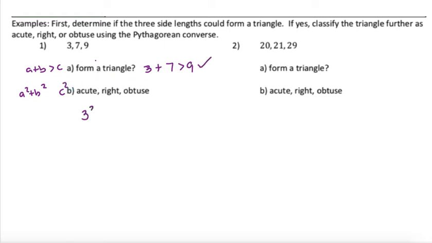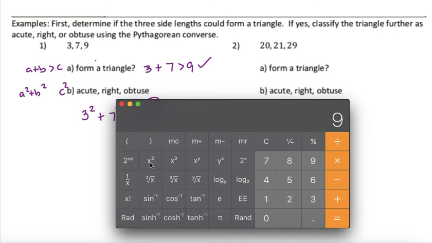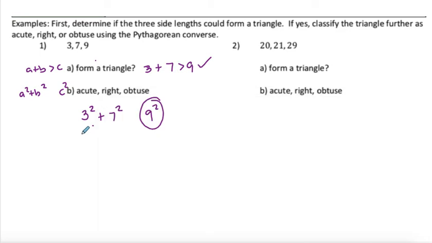Now I'm going to square the 3, square the 7, and compare it to 9 squared. 3 squared plus 7 squared gives me 58. 9 squared, I get 81.